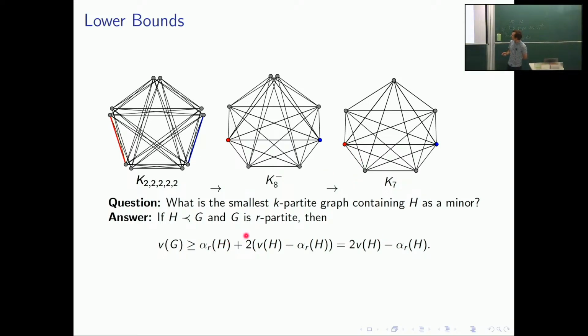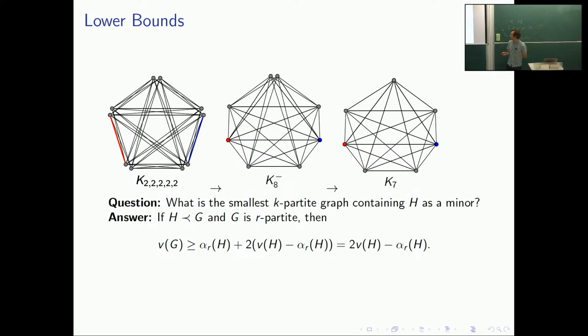So almost all of the bags should have size 2. Only this many vertices can get bags of size 1, which means the total number of vertices of G should be the sum of all the sizes of the bags, which ends up being this constant here.